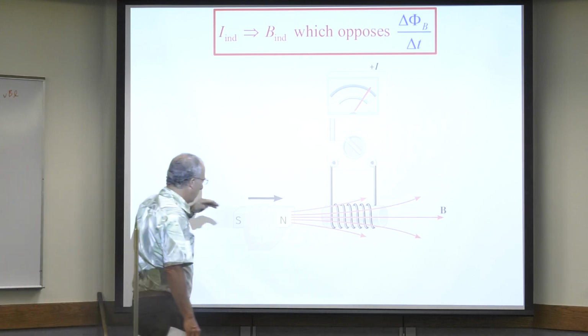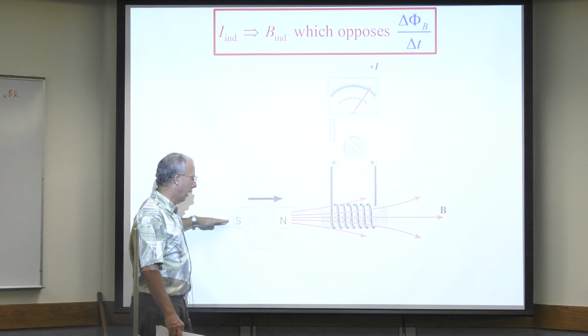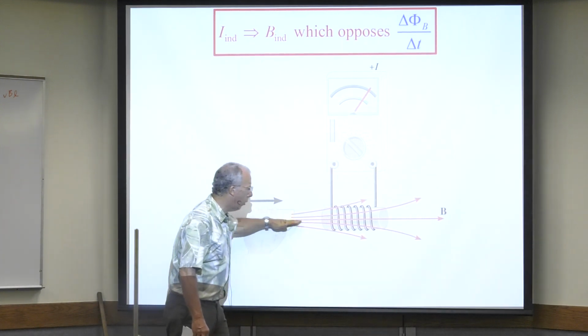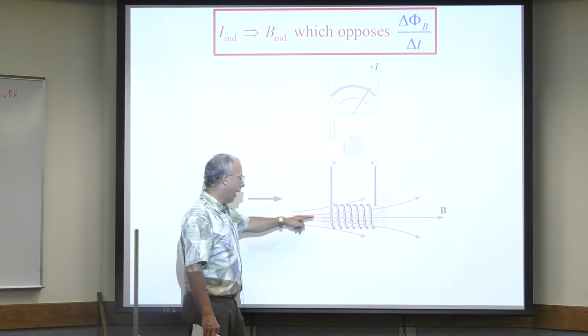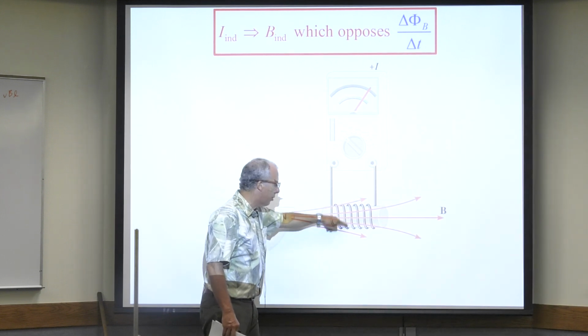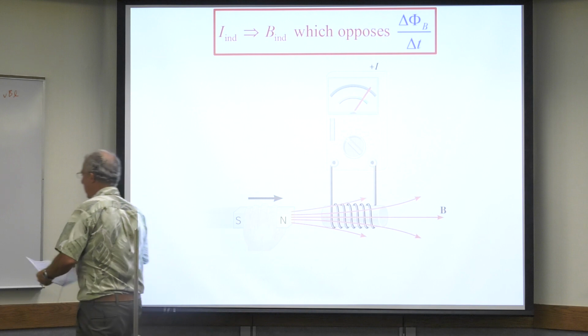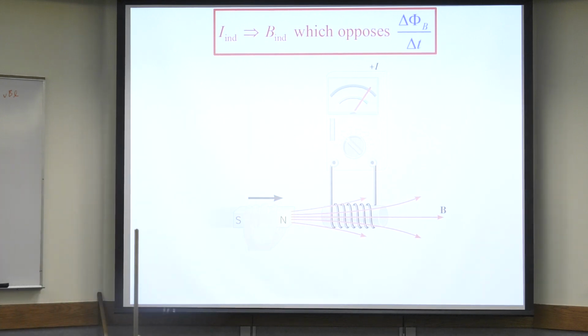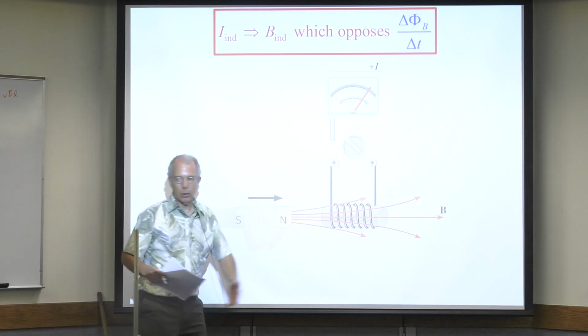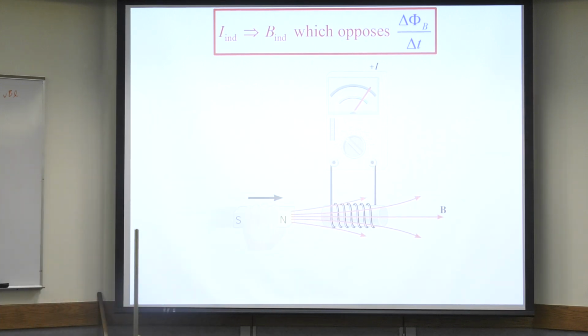Now we have this magnet, and we're getting it closer to this coil of wire. So you have to think about what's happening to the flux through the coil of wire. We think about the flux in here, I don't care about out here.